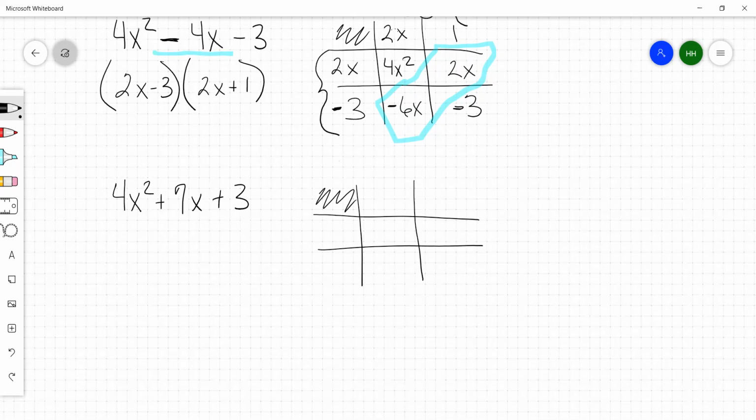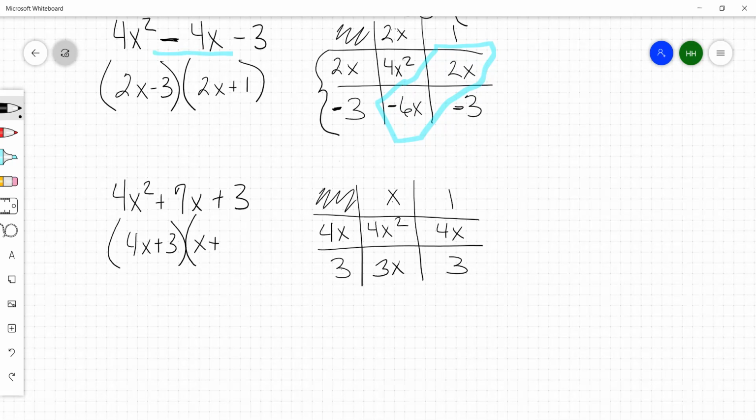I'm going to go with 4x and x. I'm going to go with 3 and 1. I get a 4x squared. 3 times x is 3x. 4x times 1 is 4x. And 1 times 3 is 3. Everything's positive, like I said, so we get a factor 4x plus 3, x plus 1.